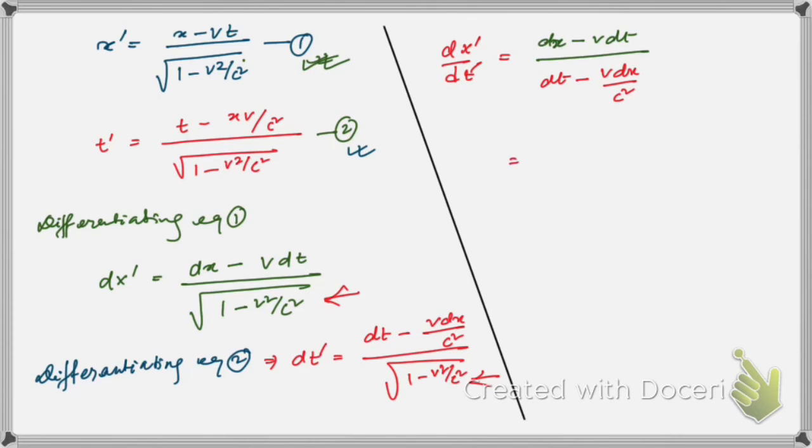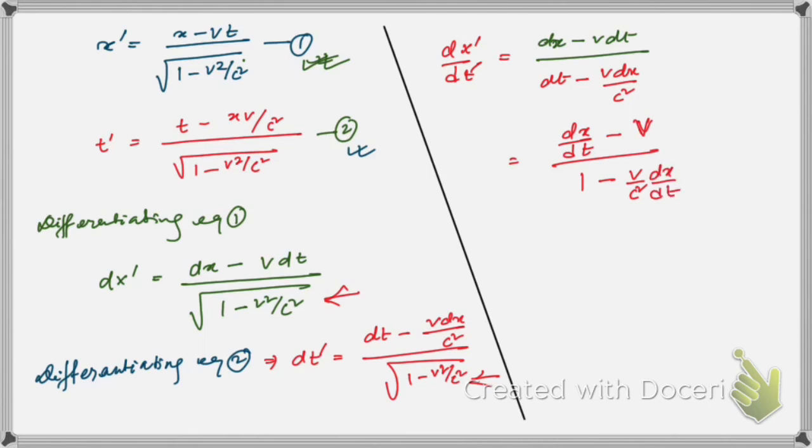So instead of writing it like this, just divide both the numerator and denominator by dt. Minus v, dt will be cancelled here, and here you will get 1 minus v by c square dx by dt.